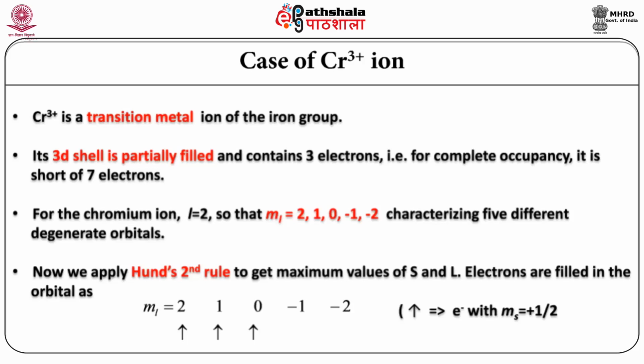Now, we have got 3 electrons, as mentioned in the second sentence of this slide, and you have to place them in these orbitals. Starting from the first, that is m_l equal to 2, I place 1 electron pointing up, the second electron at m_l equal to 1 pointing up, and the third electron at m_l equal to 0 pointing up.